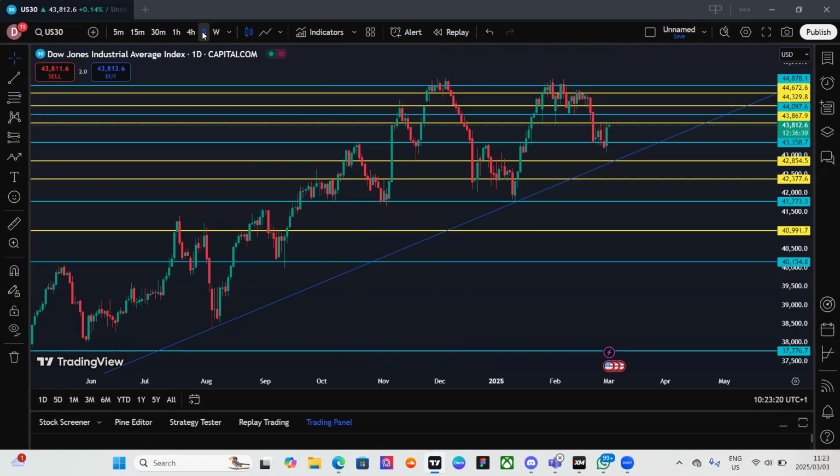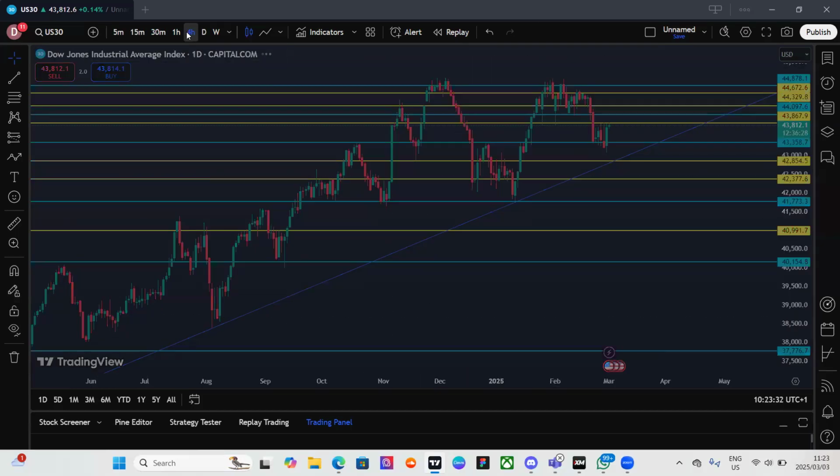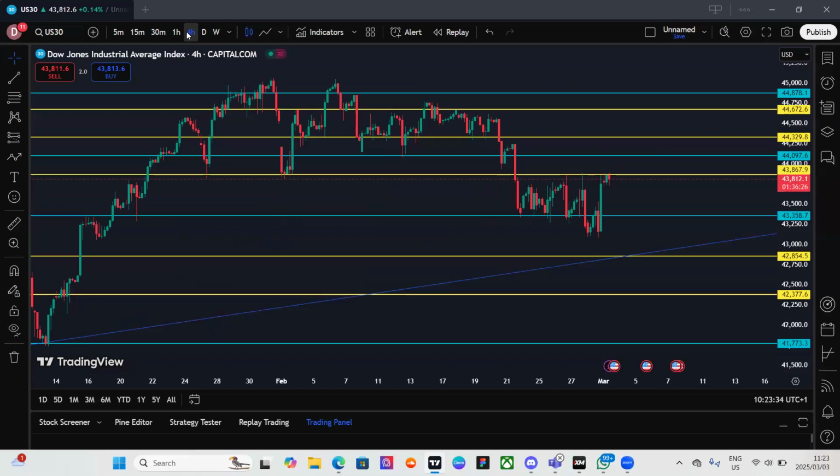So currently, what we are seeing on the charts right now, overall on the daily, we've just been seeing an uptrend, but when we zoom into the weekly, we've been seeing a little bit of down momentum pick up within the Dow Jones.